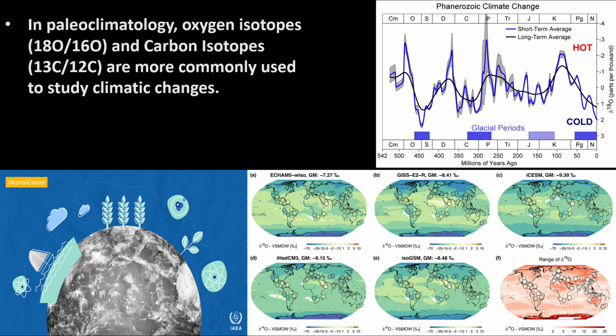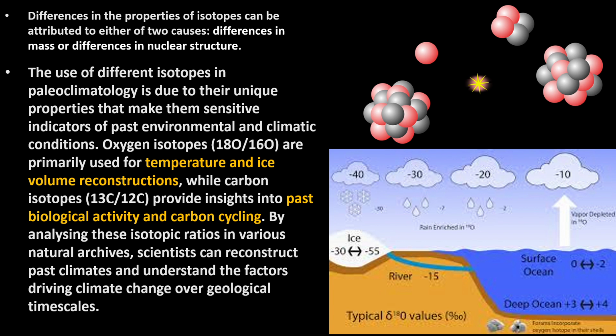By studying isotopes, we mostly use them in paleoclimatic history. The two famous isotope analyses, oxygen isotopes and carbon isotopes, are mostly used as climate and paleoclimatic proxies. Isotopes differ because of their different mass numbers and nuclear structure.